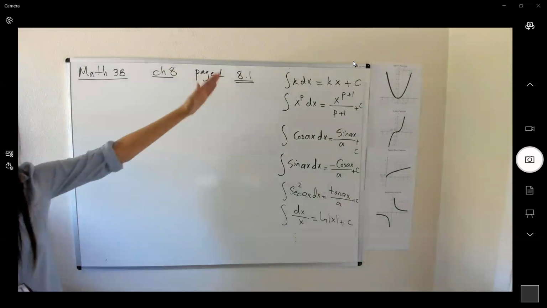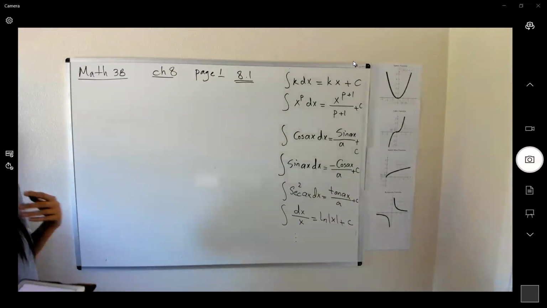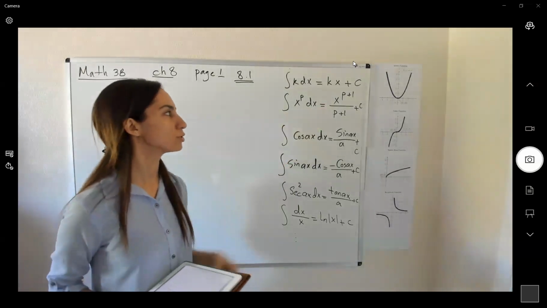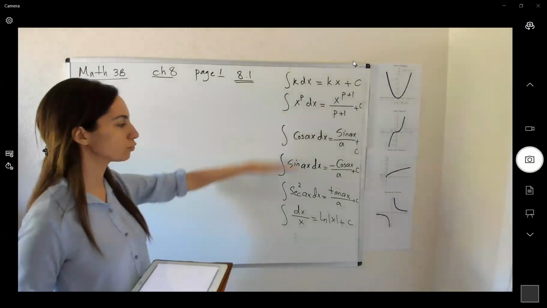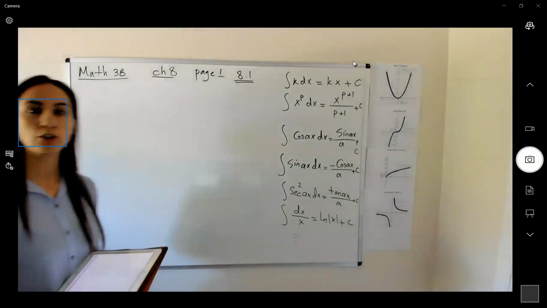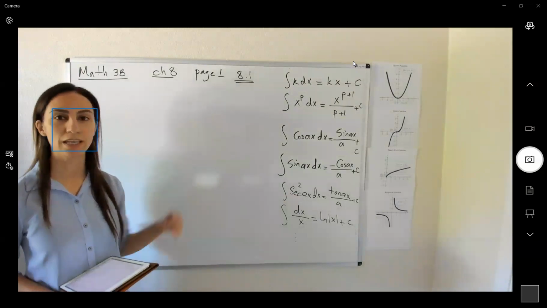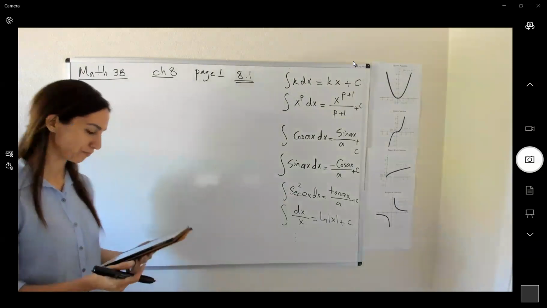So you learned about these integrals before, using u substitution, using antiderivatives to find the integrals. In this chapter, we're going to go over more techniques to learn how to take other integrals.